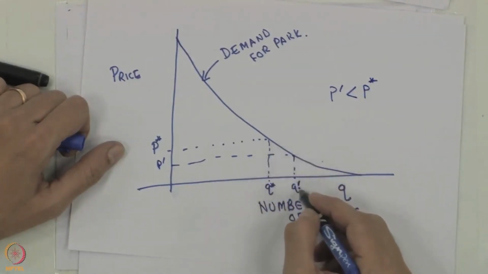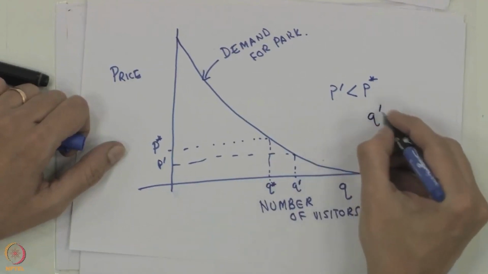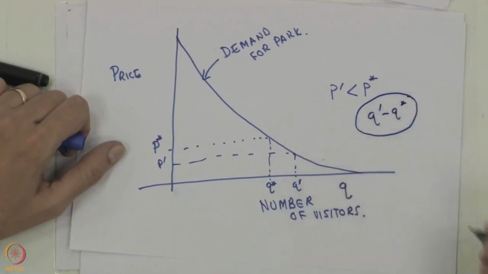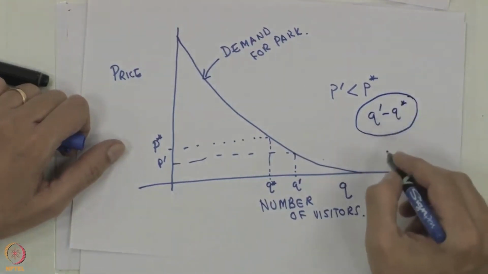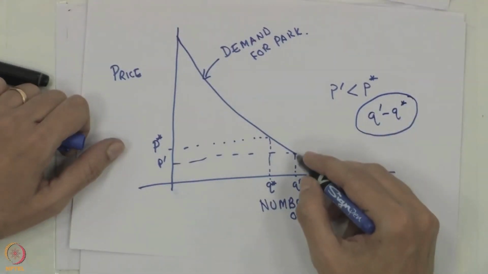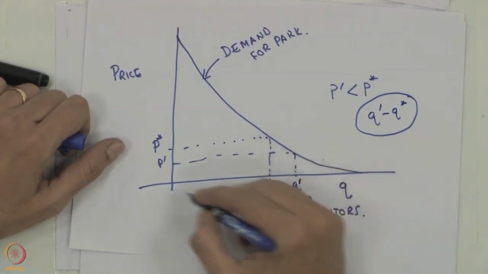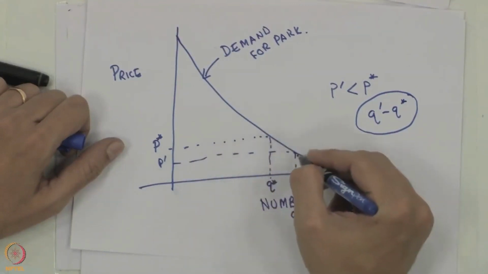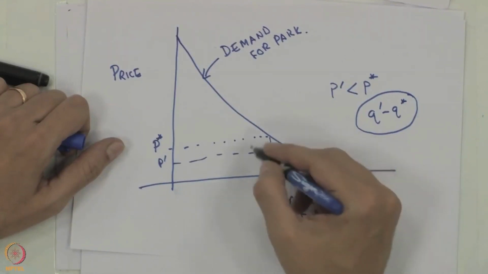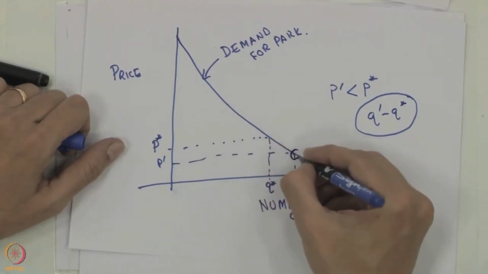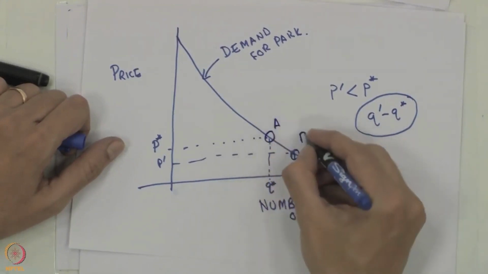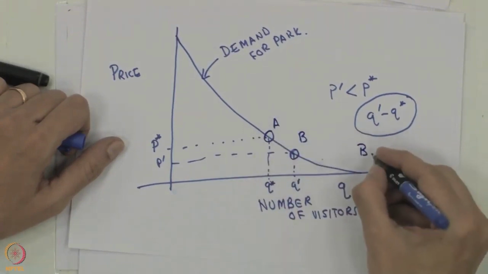There is this Q dash minus Q star. From the point of view of these people, that price reduction is better. For the people who were anyway going to come at Q star, this is also a good option. So, this point clearly is a Pareto preferred point. If we look at A, B is Pareto preferred to A.